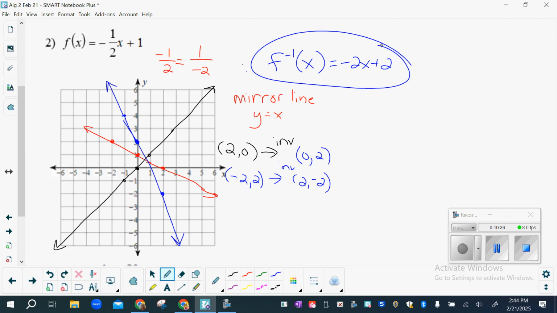This one is harder to see. If I drew my points really well, you can see that this red here, when it's reflected, is this part here, this blue up here. This red here, when it's reflected, is this blue down here. This one is a little harder to see. On the next one, you'll see that it's a little easier to see that it's a reflection over that line.